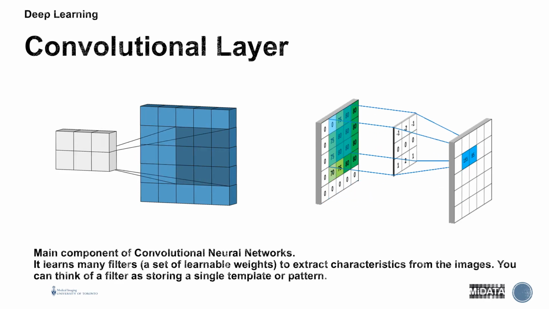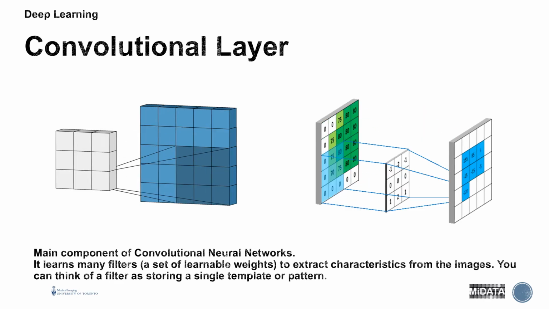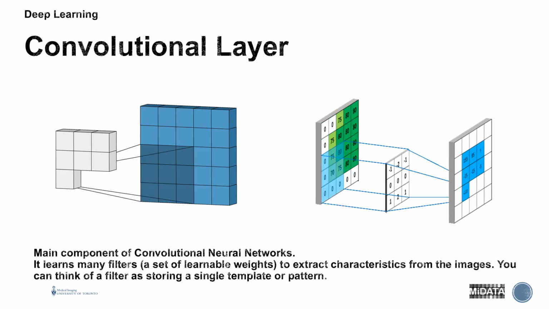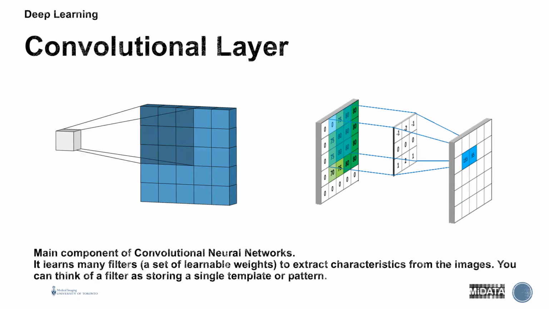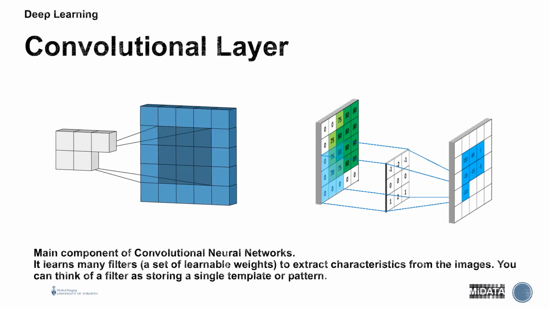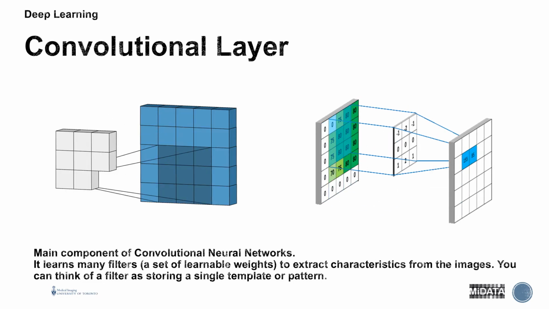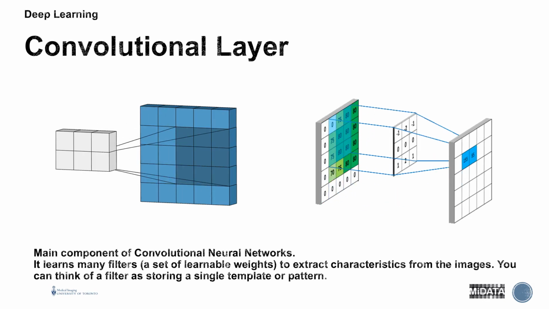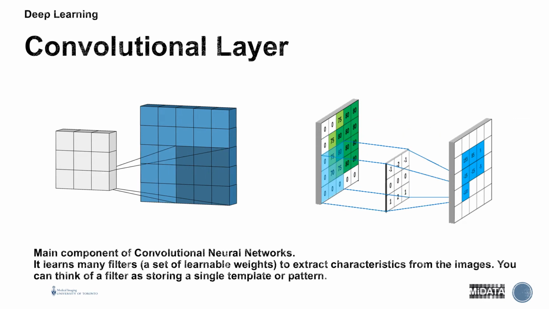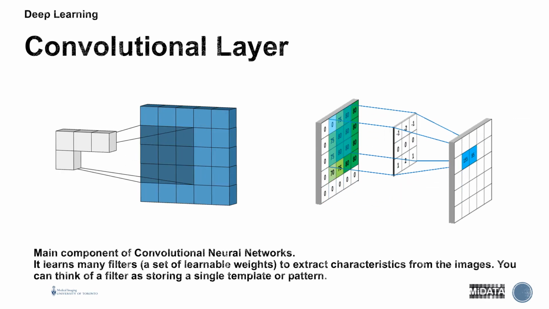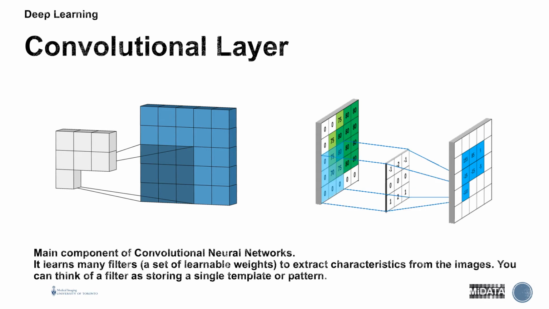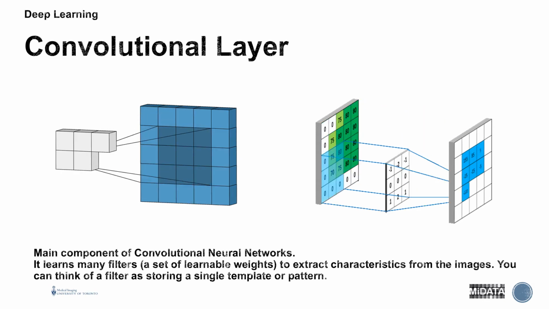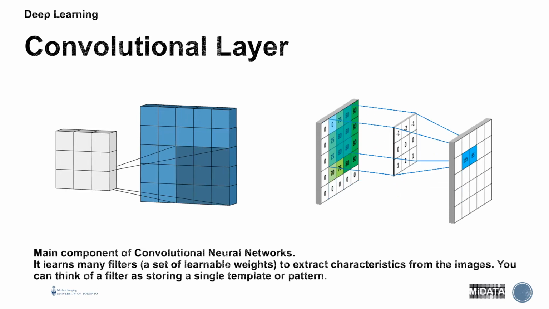This filter is like a flashlight, for instance. Here we have a 3 by 3 pixel beam, if you wish, for your flashlight, and it will convolve around your image, extracting characteristics. You can think of the filter as storing a single template or pattern, and you can have multiple filters that will convolve around your input, which is your images, extracting characteristics.